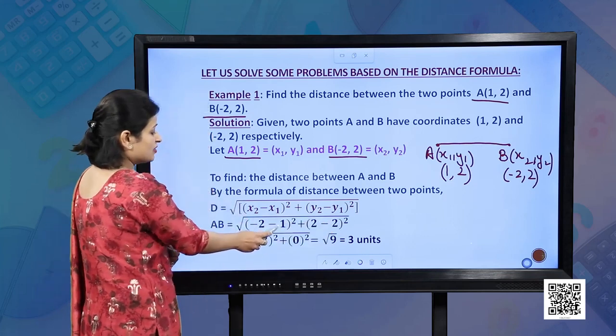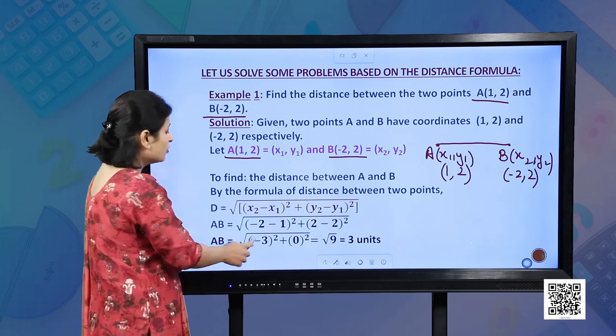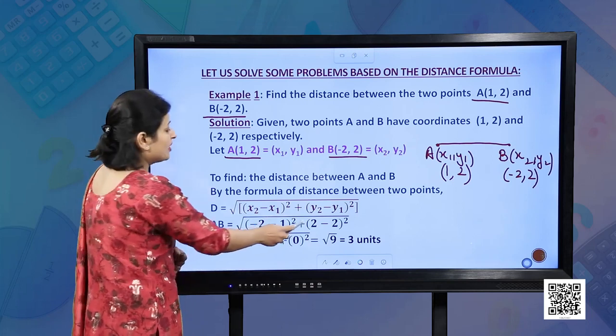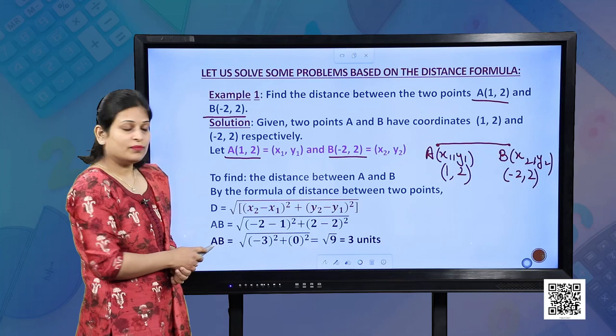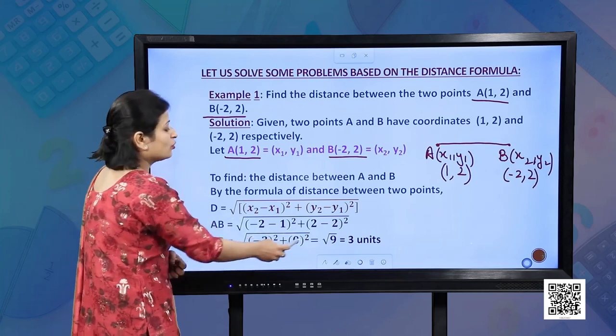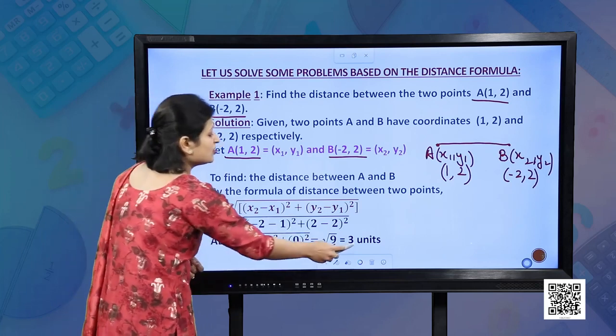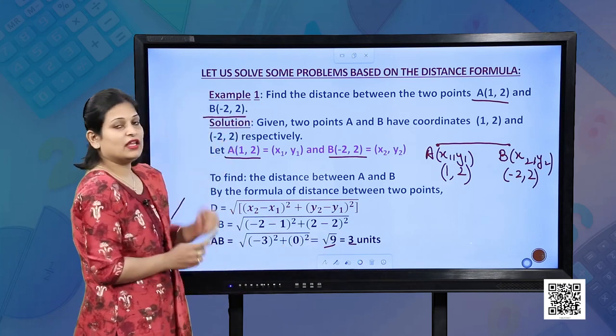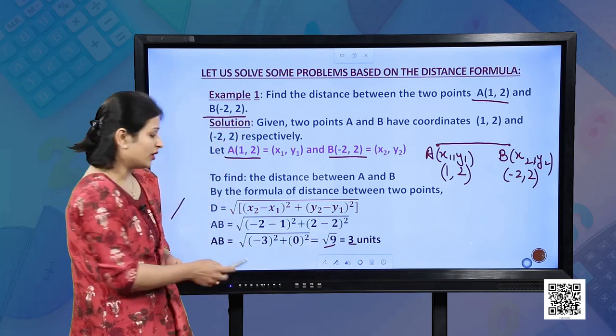Minus 2 minus 1 will give you minus 3. So, minus 3 whole square plus 2 minus 2 will give you 0, so plus 0 whole square. You will get square root of 9, which is 3. So, the distance between these two points is 3 units.